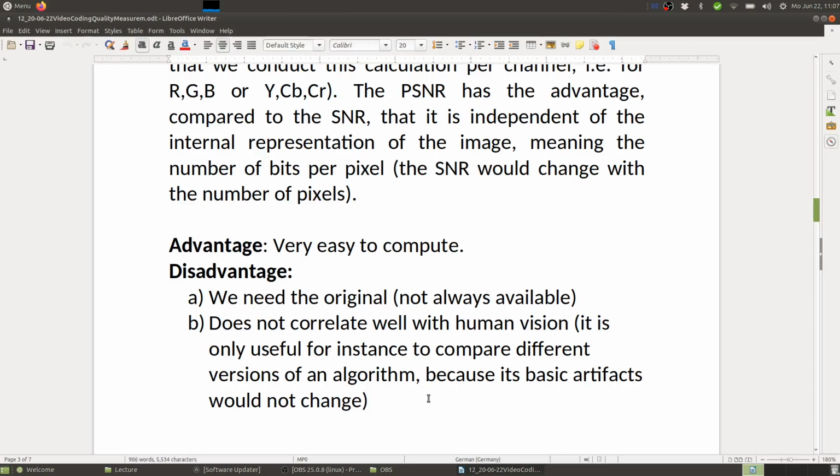And because it's the same principles, also the artifacts that appear in the decoded version are quite similar, and that's why this quality does not change, and it makes sense to use the PSNR for comparison. So the absolute value here is not so reliable as the comparison.